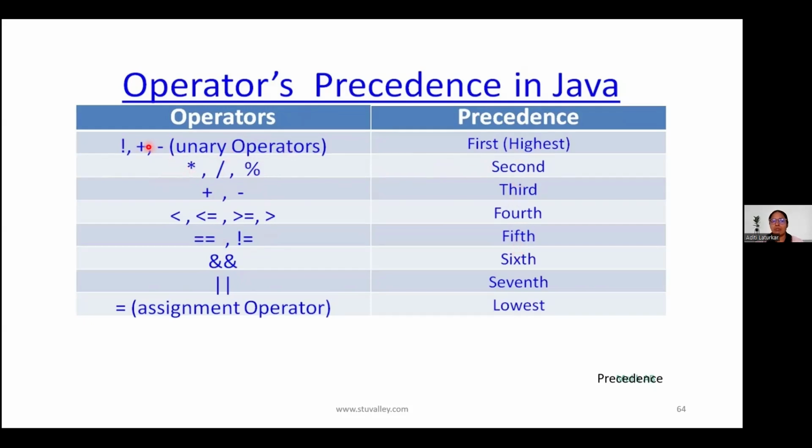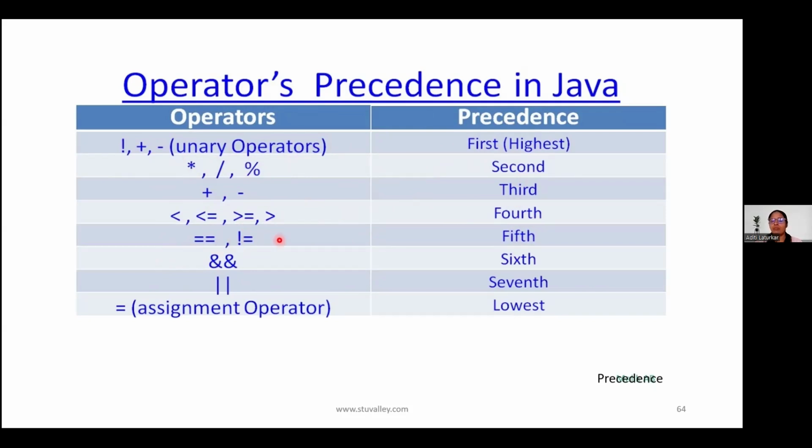ठीक है, so पहले तो unary operator, फिर multiplication, division और modulus में से जो भी होगा that will get executed, that is the second. Plus minus के लिए third होता है. Then less than equal to, greater than equal to के लिए fourth precedence दिया जाता है.